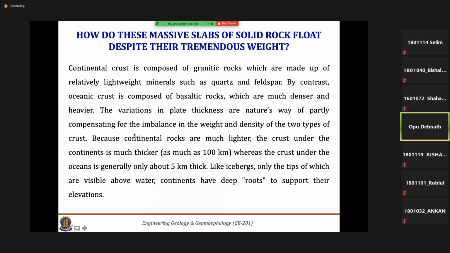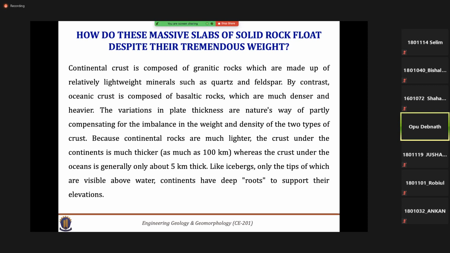And the next question, as we discussed in the last few minutes, is that movement occurs within these plates. These tectonic plates, or earth plates, are in a general sense layers, like massive slabs of solid rock that float.